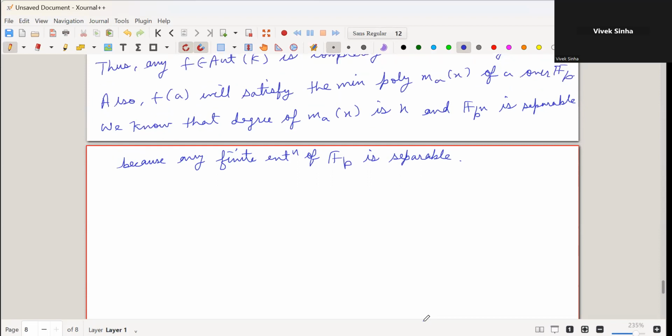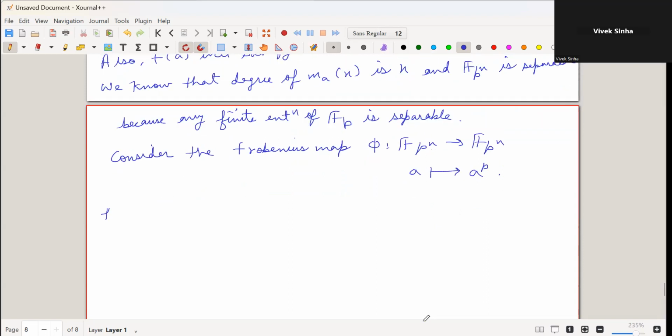For that, consider the Frobenius map phi sending a to a^p.